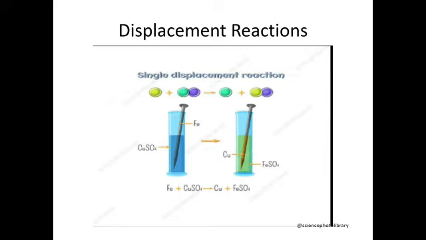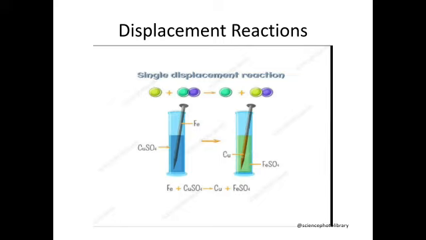We have dipped an iron nail into it, and you should know one thing, iron is more reactive than copper. So what happens? It displaces the copper from the copper sulfate to form iron sulfate, that is FeSO4. That is the solution with green color in the second test tube. Hope you have understood that.